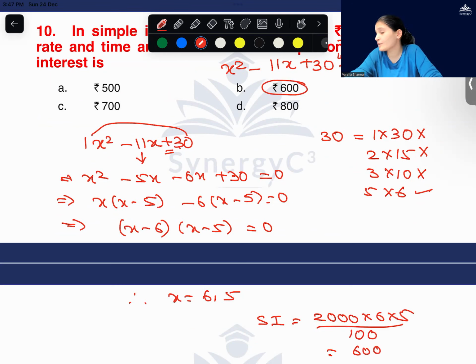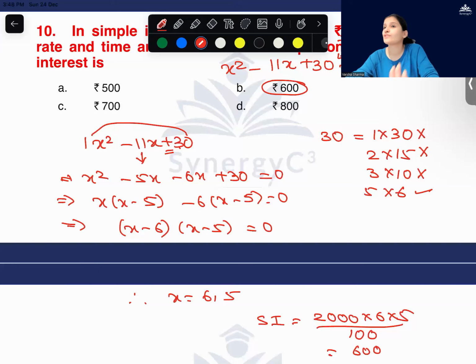If you don't remember this, you can use the formula also, or you can go for trial and error. Since your constant is 30, what are the numbers that divide 30? 1, 2, 3, 5, 6. Go for trial and error. Put 1, see if it gives you 0 or not. For that you can use a calculator.